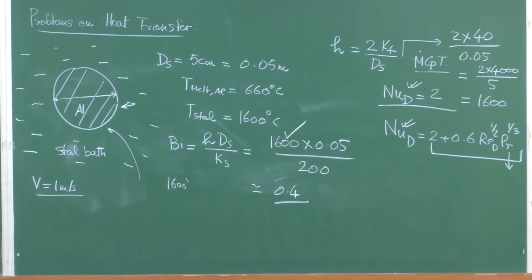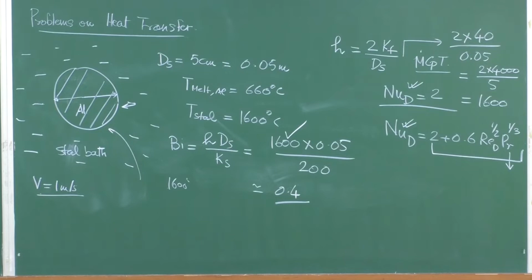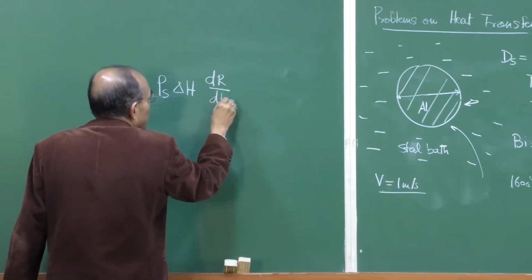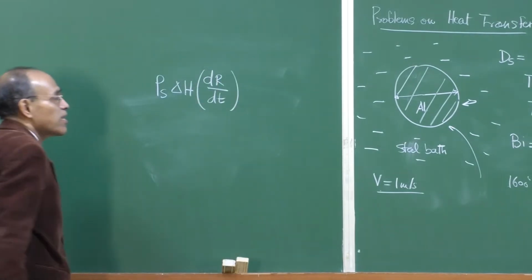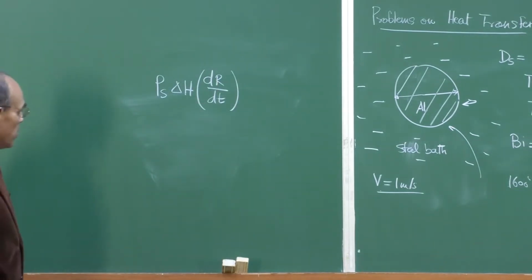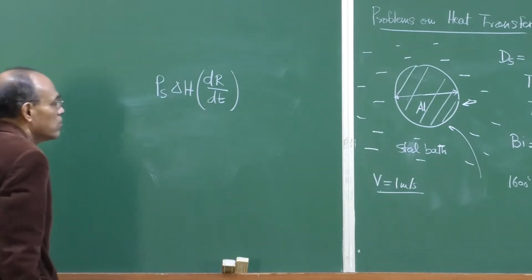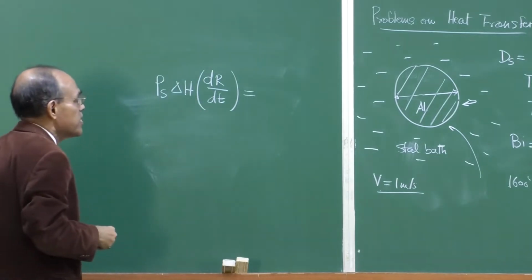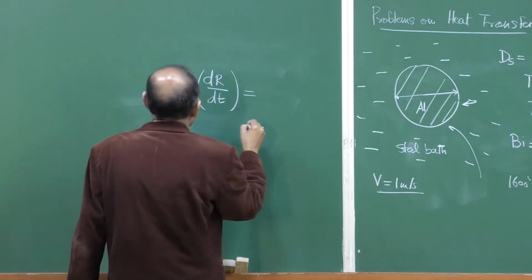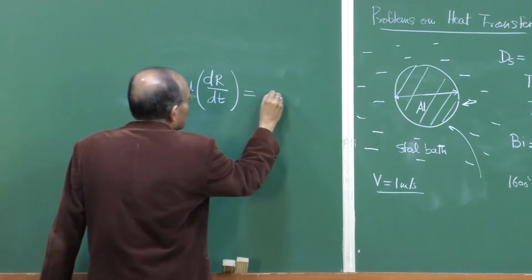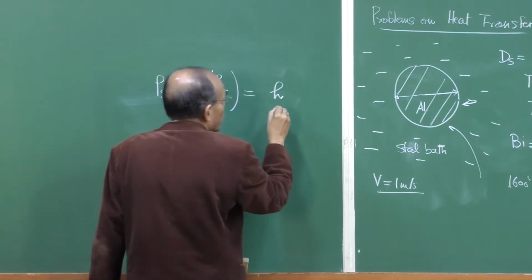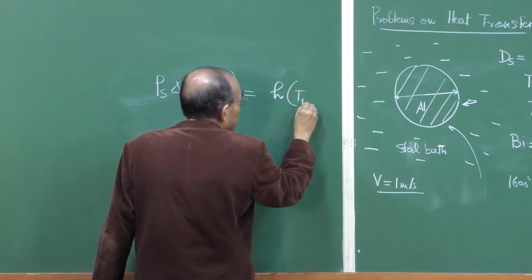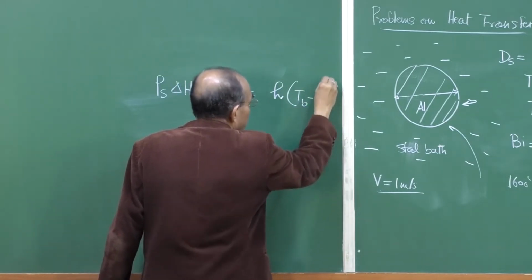rho s times delta H latent into dr over dt. This is the heat consumed, due to heat requirement for melting in terms of latent heat, and then this is going to be equal to the heat transfer coefficient h multiplied by T bath minus T melt.